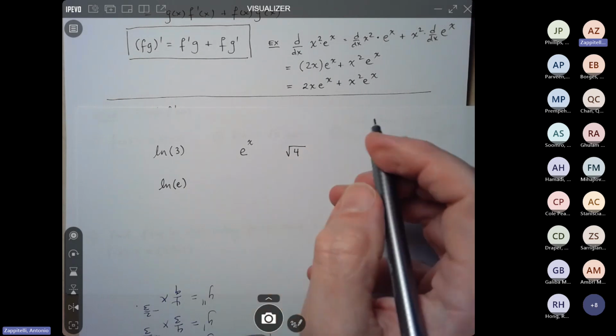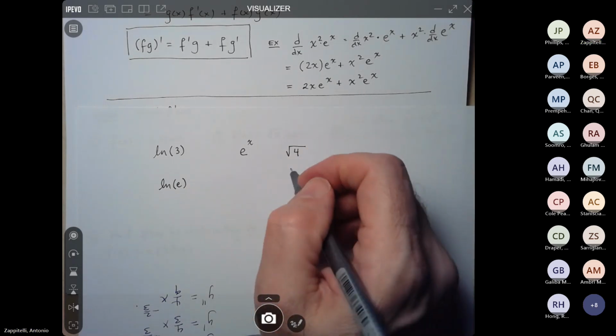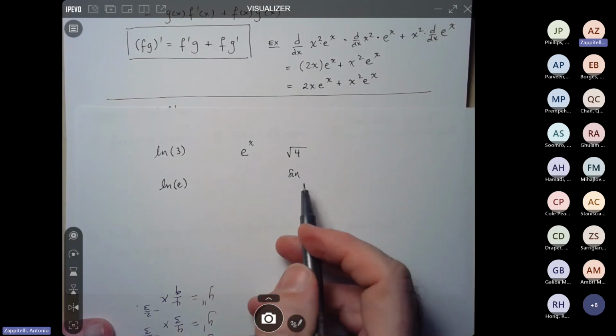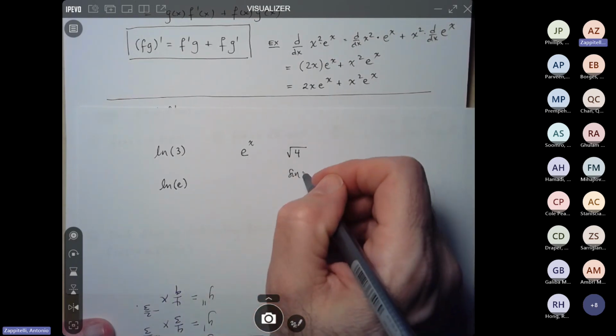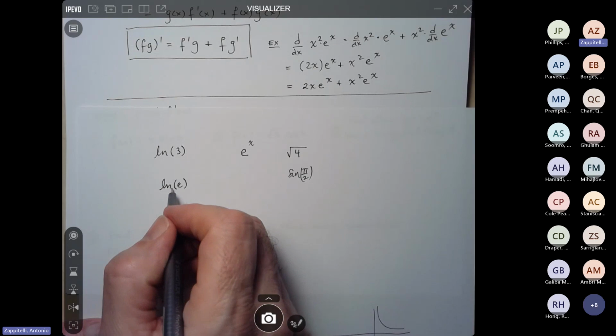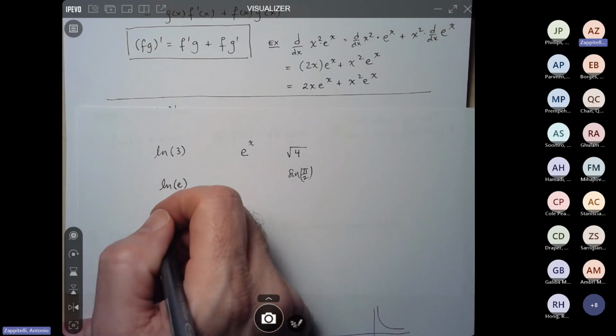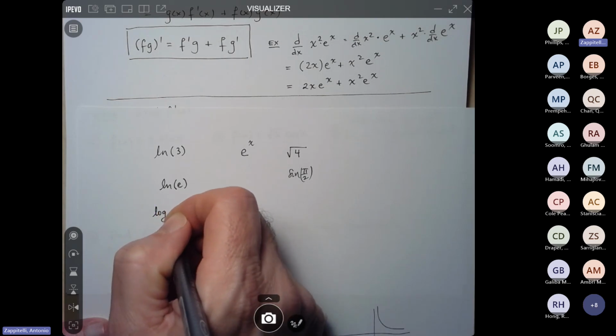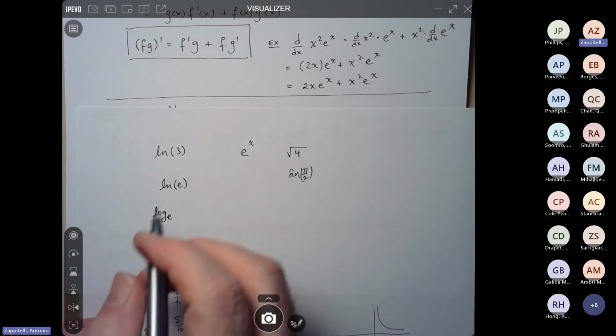Same thing with sine. This means nothing on its own. It's sine of something, of an input. So ln of e, this is where we have to remember what the natural logarithm represents. The natural logarithmic function is the same as the logarithm with base e.